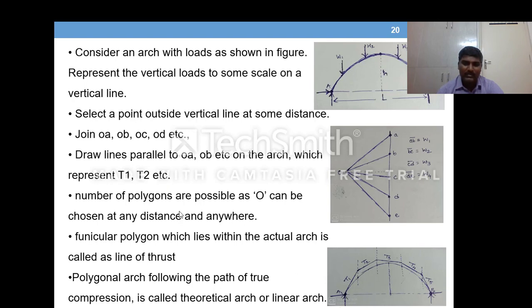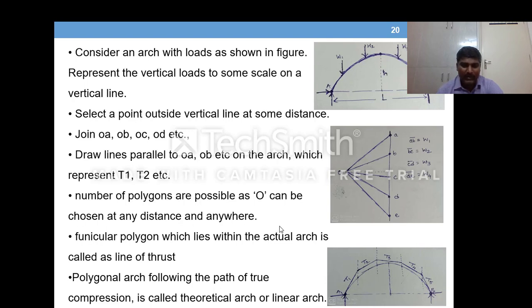So these are like a number of lines, a network of lines. It's a polygon. Such polygons can be drawn by choosing this point anywhere. So if we pick the point over here, we will get a different network of lines.